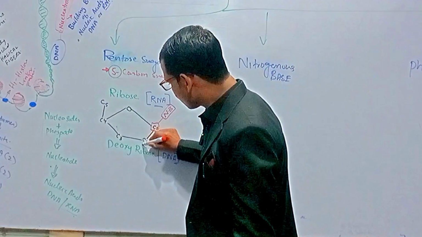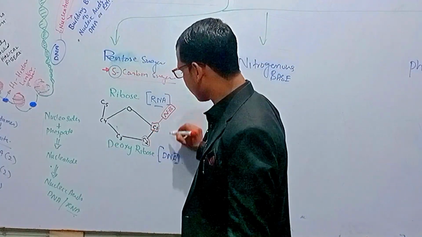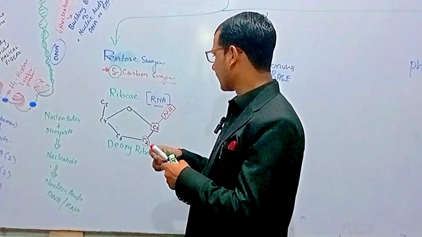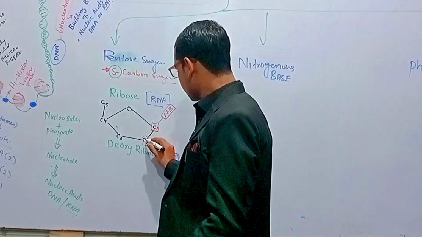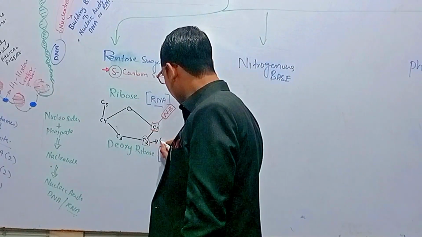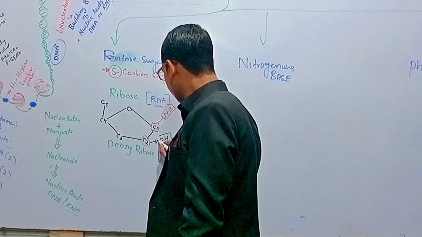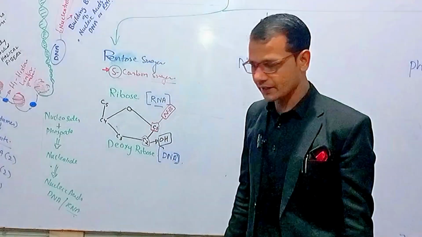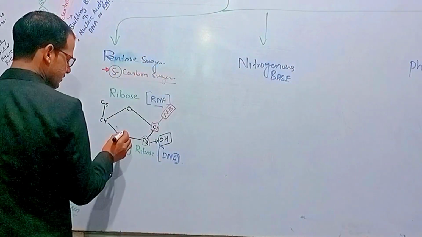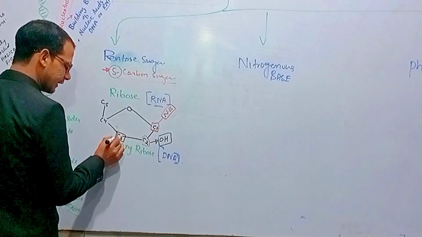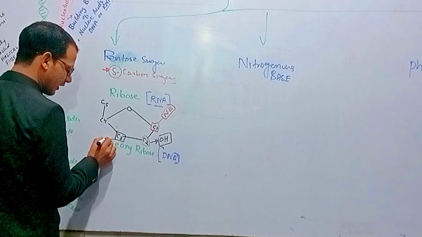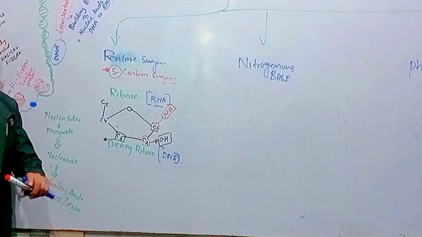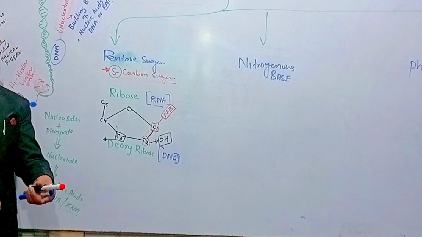This carbon number 2 will differentiate RNA from DNA. How? In RNA, this carbon number 2 has a hydroxyl group, 1 oxygen and 1 hydrogen. Right? What is the importance of carbon number 3? It will form the diester bond with the phosphate group of the next pentose sugar.